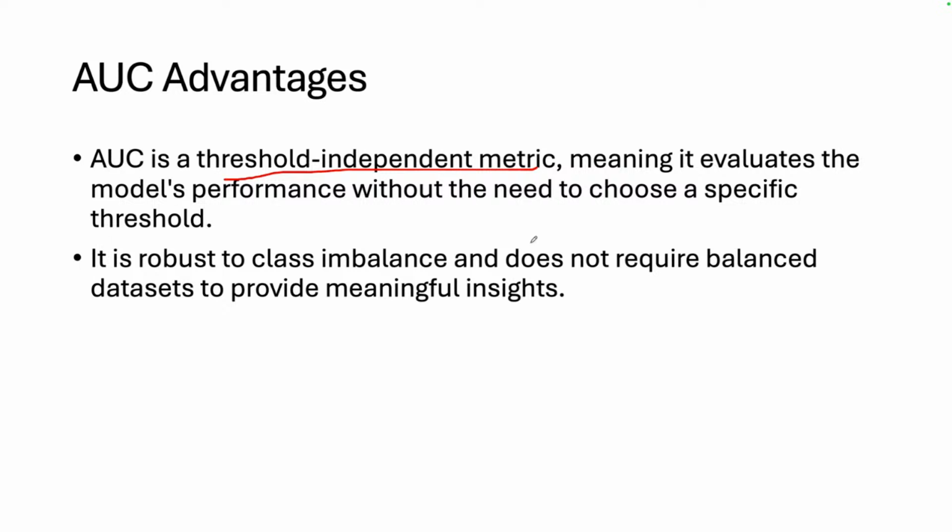This is a threshold agnostic metric, so it evaluates the model's performance with no need to choose a particular threshold. That's really the biggest advantage of the AUC metric, and it's robust to class imbalance since it's threshold independent and doesn't necessarily require balanced data sets to provide meaningful insights.